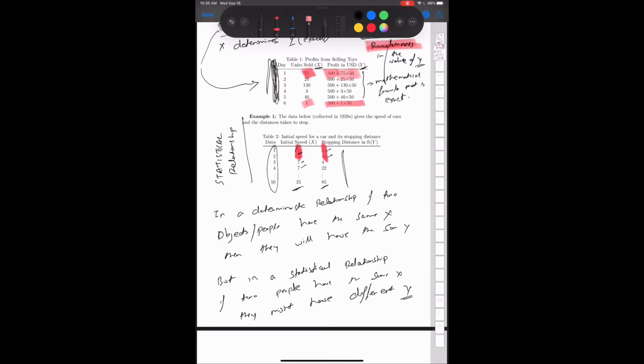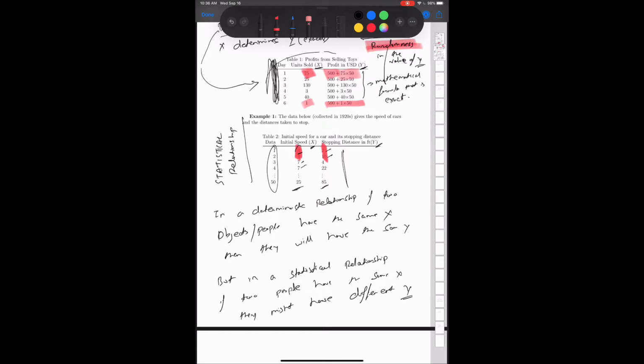A sports car has better brakes, and so it turns out that the stopping distance is not exactly determined by x, but might require other factors, like how big is the truck, how good are the brakes, or how slippery is the road. Maybe these cars were driven on different roads, or how much did it rain yesterday. So there are other factors that affect the value of y other than x, right?